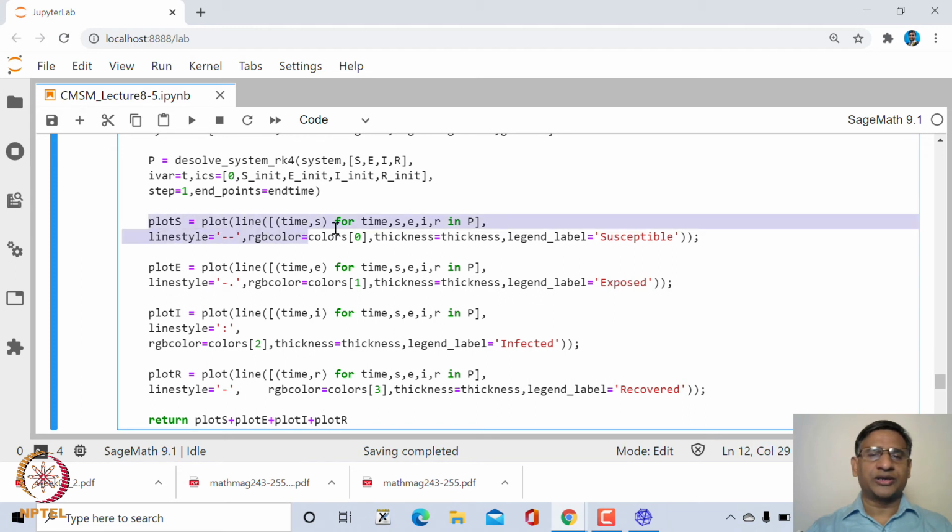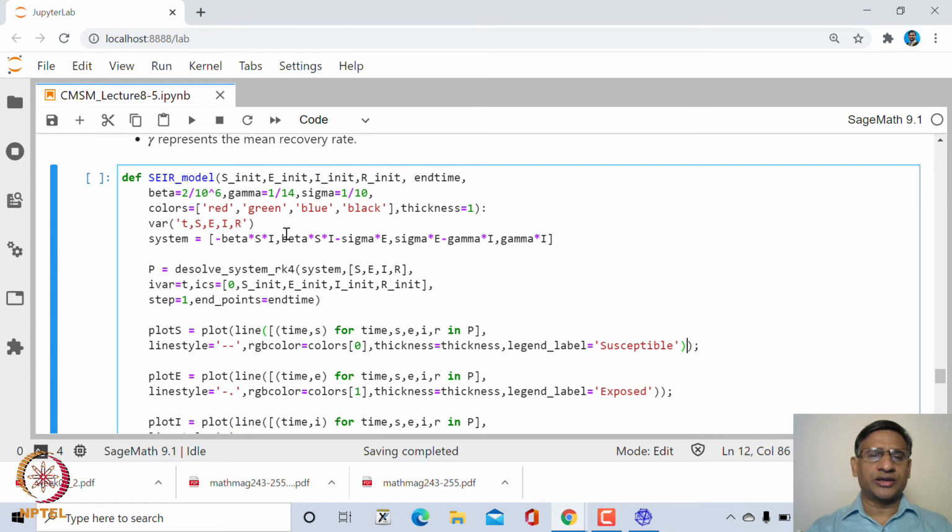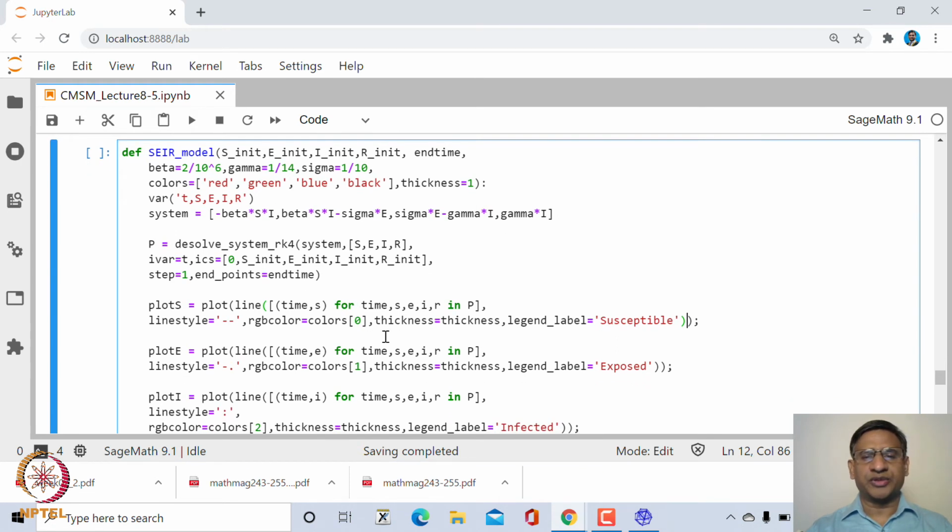When you solve this, P will now have 4 coordinates, namely S, E, I, R, and of course T will also be there.